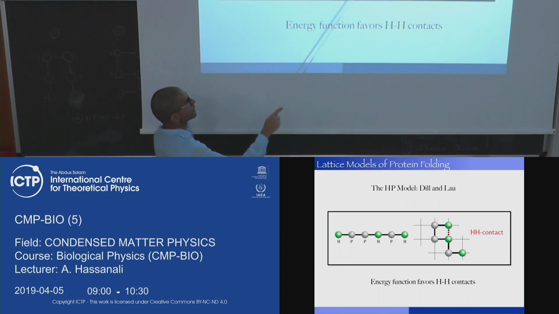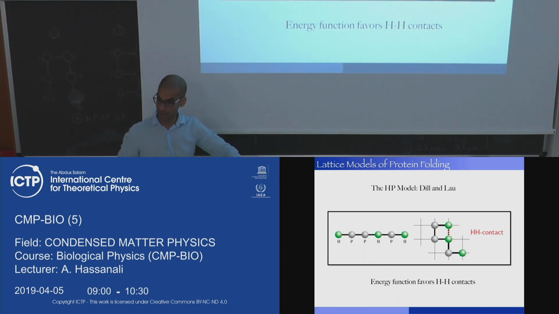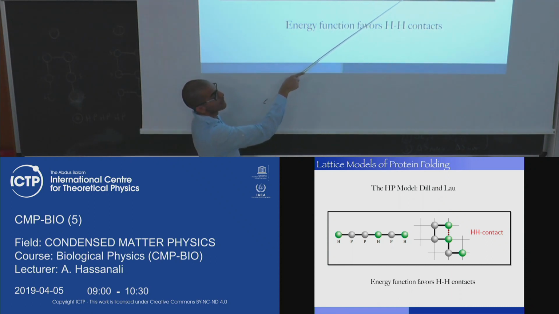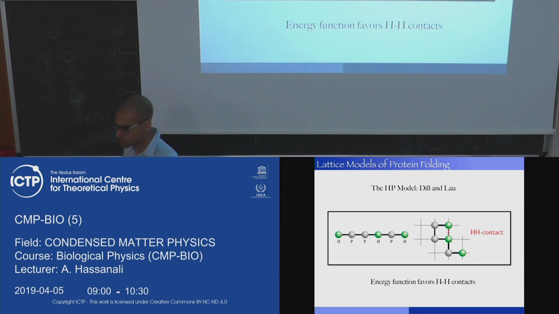So you can't see this, but I'll show you an example. Each of these sites interacts with a bath. The bath is not on the lattice. Okay? And so, for example, if this is at the boundary of the lattice here, it interacts with the water, and so you pay a penalty. So there are essentially three interactions.